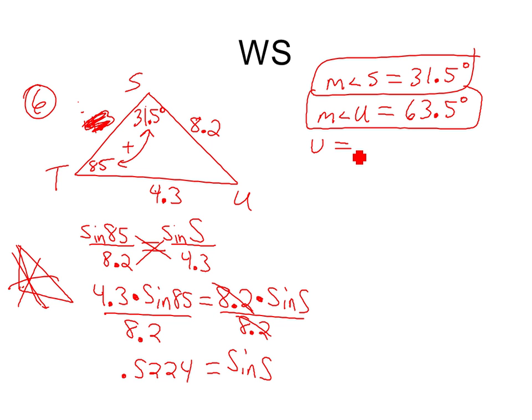That'll be the other side, right? Yep. So what you have to do the other side? Yeah, you have to do that. Oh, yeah. Got to do a proportion again, right? Yeah. So sine 85 over 8.2, 63.5, that's big U over X or little u, right?